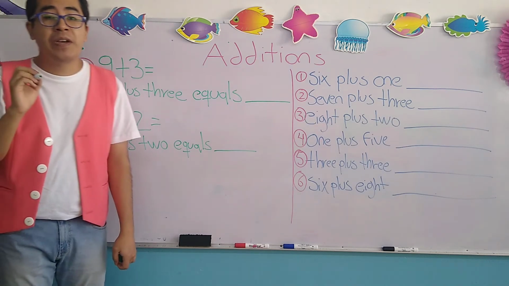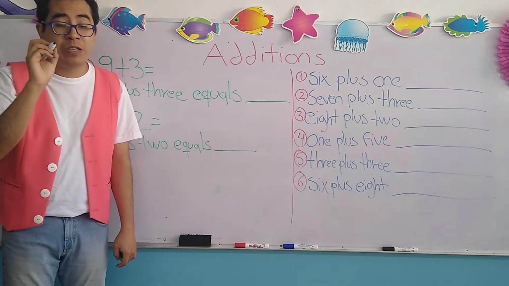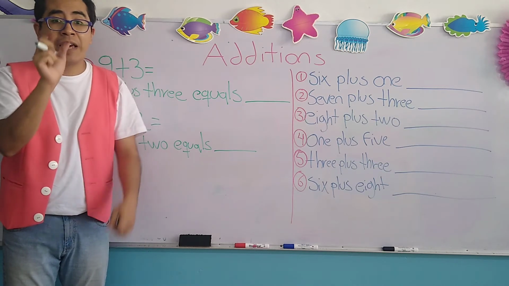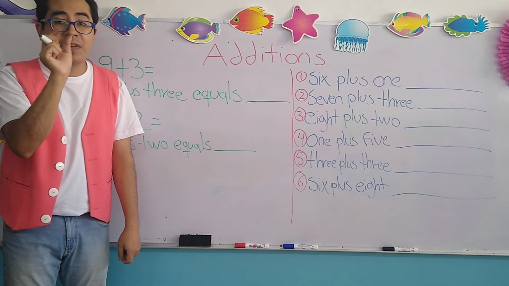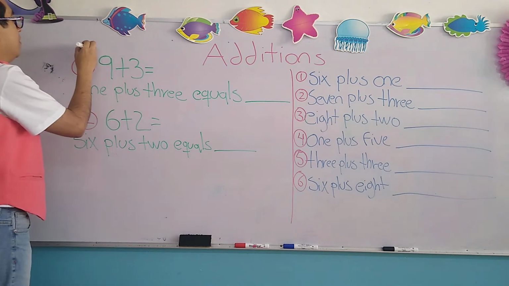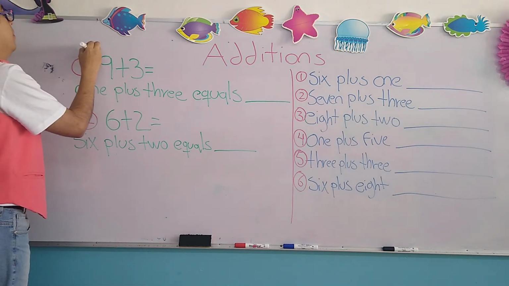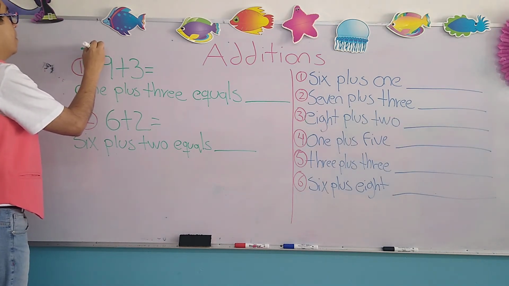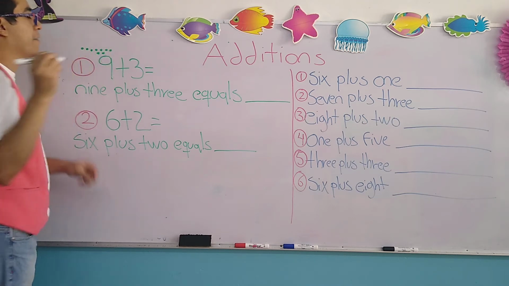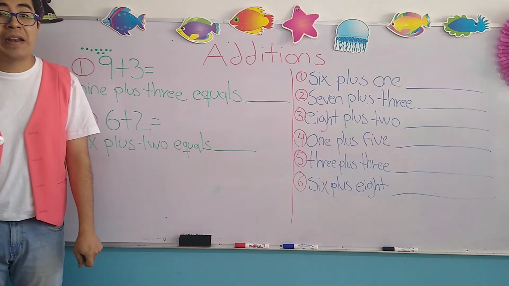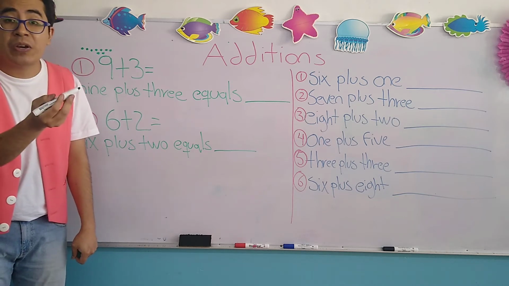Now remember, these are little dots, puntitos, no big dots, okay? It has to be very, very small. 1, 2, 3, 4, 5, 6, 7, 8, 9. Okay, excellent.